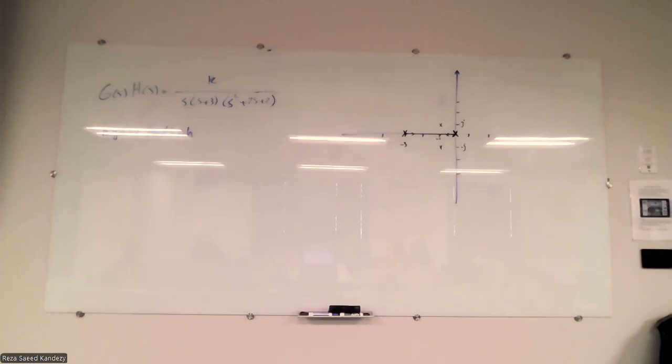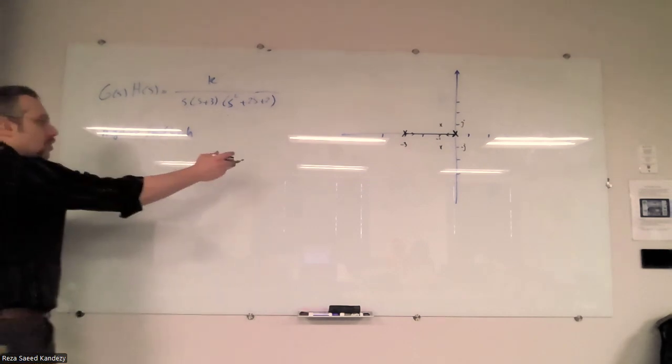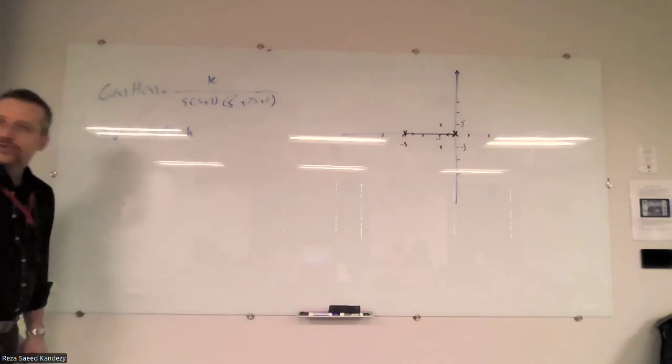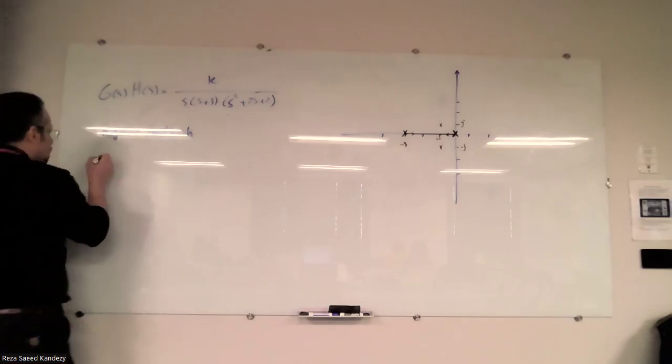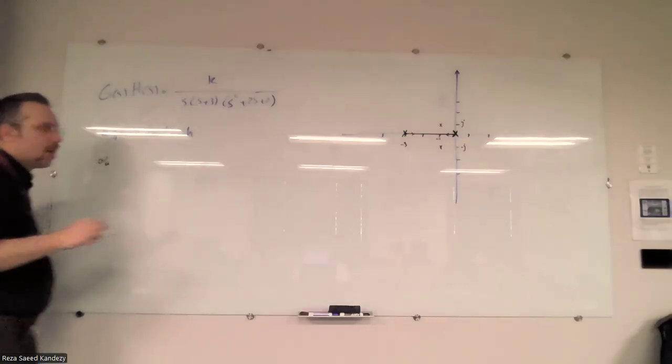That means we need 4 extra lines, 4 basically asymptote lines. Now, the asymptote line had 2 characteristics. One was where in the real axis all those lines would cross the real axis. Remember, we call it delta A.